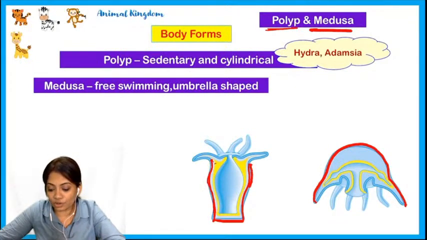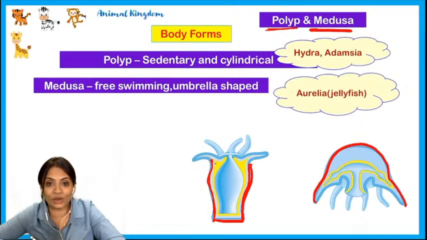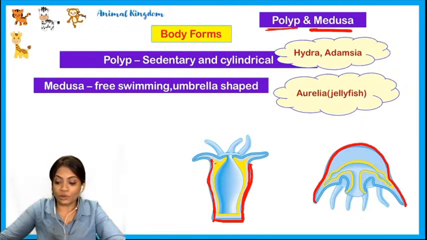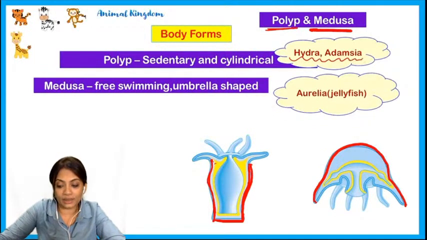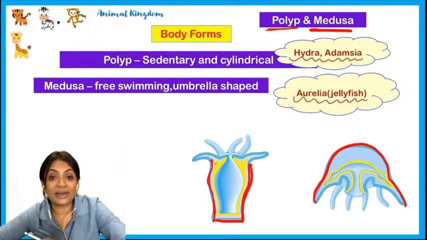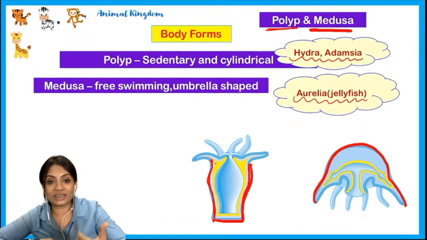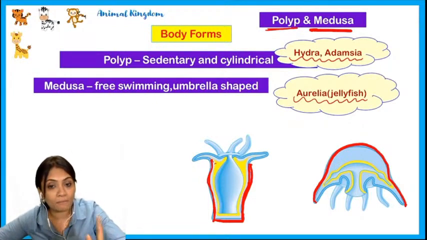One is sedentary and the second one is freely swimming. Okay, the jellyfish, the scientific name is called as Aurelia. So you have hydra and Adamsia here, and you have Aurelia, that's jellyfish, as a medusa form. So there's two body forms in that of a Cnidaria. One is a polyp and second one being a medusa.